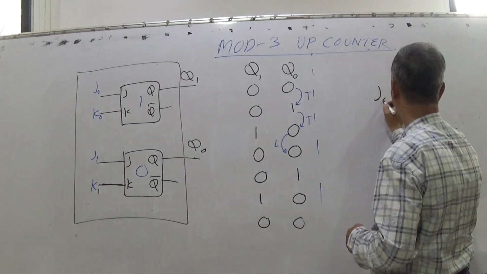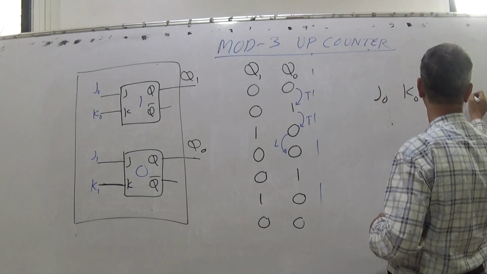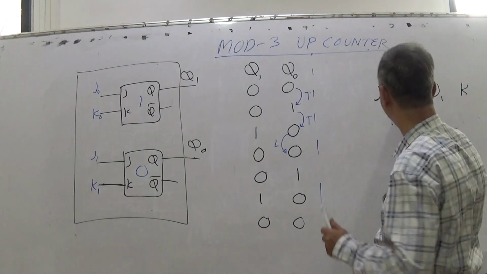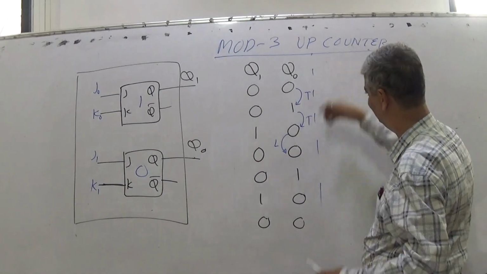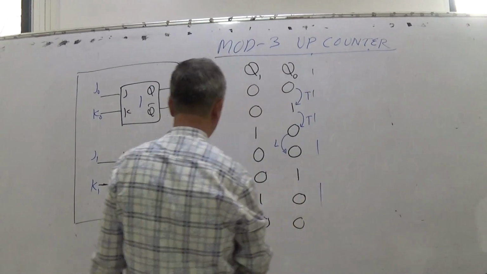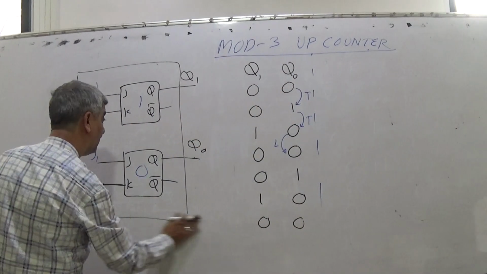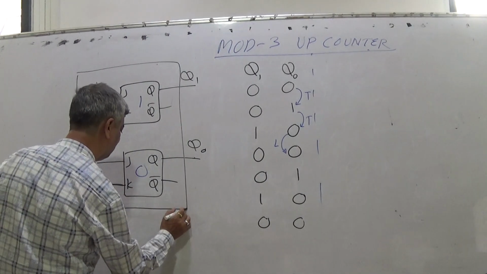So J0, K0 and J1. Simply it means there is no need for, you can write down. So in fact I should write it here, and if those who want to verify, we can verify also.